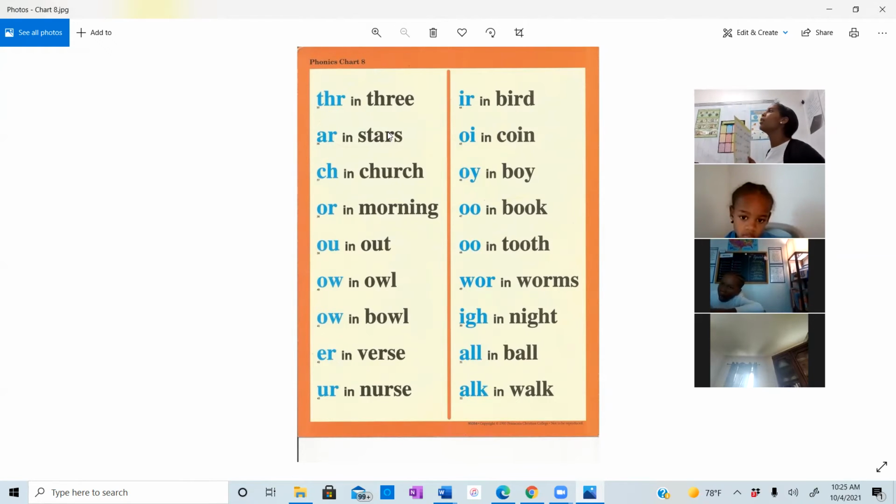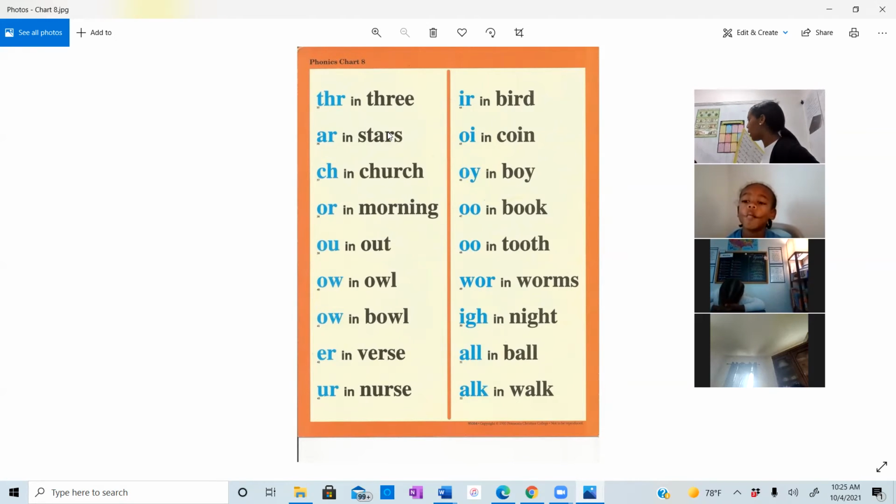OO says in book. OO says ooh in tooth. WOR says were in worms. IGH says I in night. ALL says all in ball. ALK says off in walk.